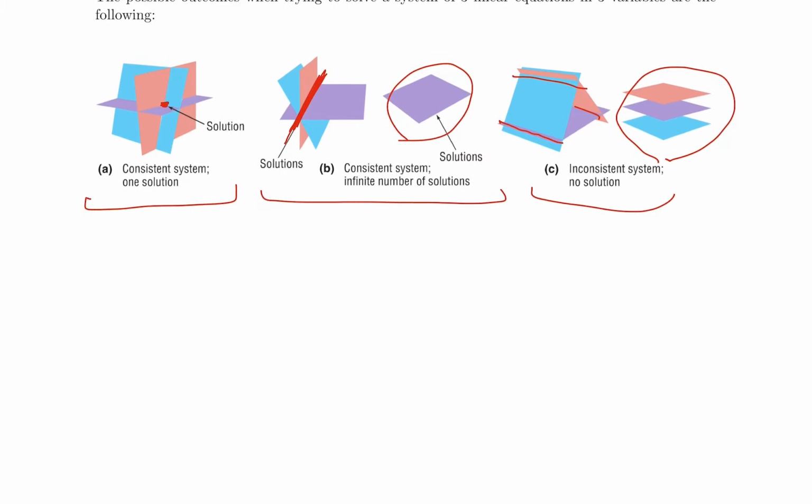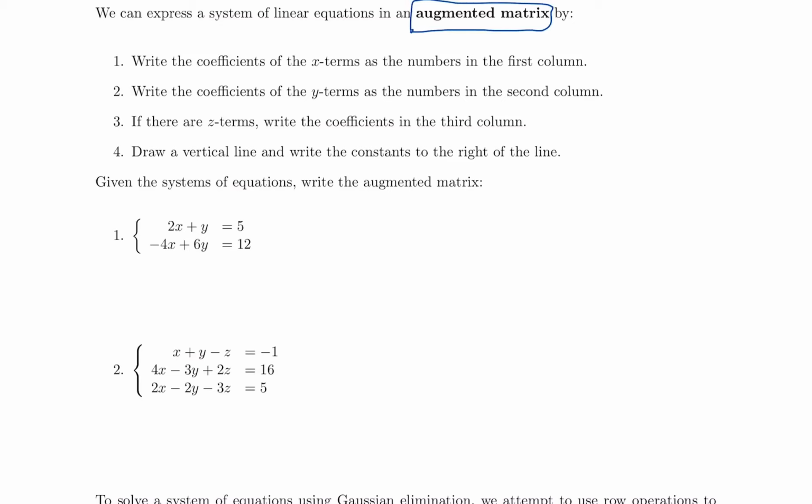First we need to be able to express systems of equations using an augmented matrix. These are the steps, which I wrote here so you can read them in the overview note, but let's just look at an example. It's quite straightforward. When we write a matrix, we draw a big bracket and a vertical line.